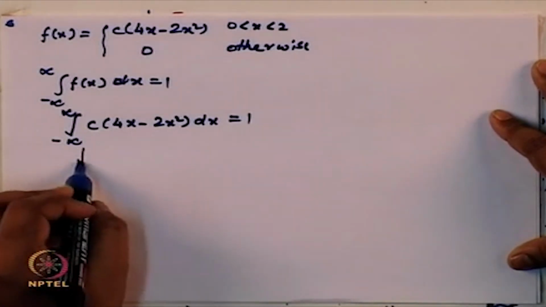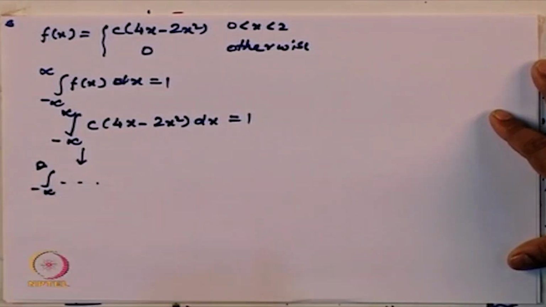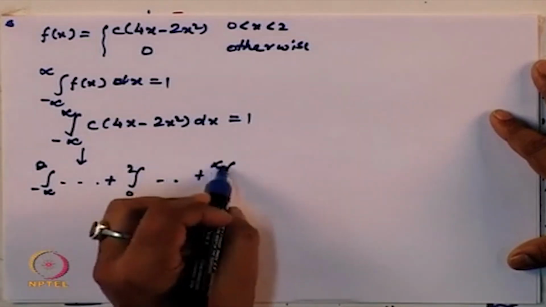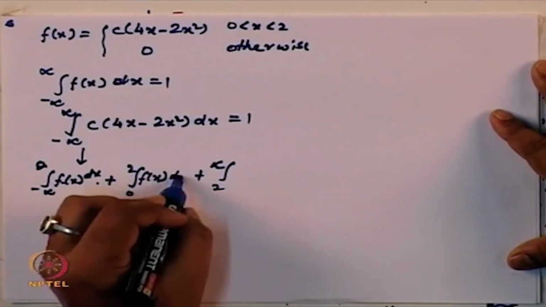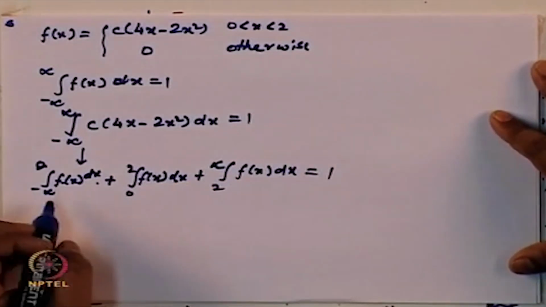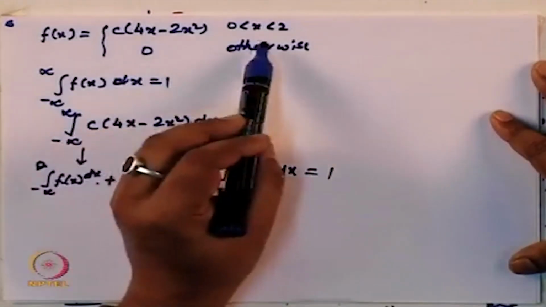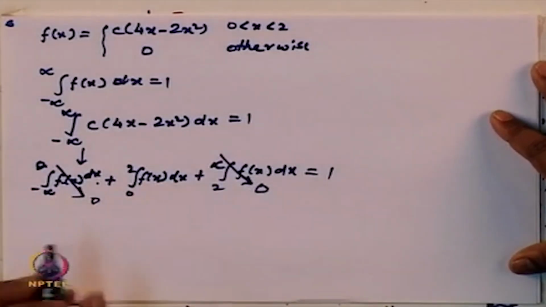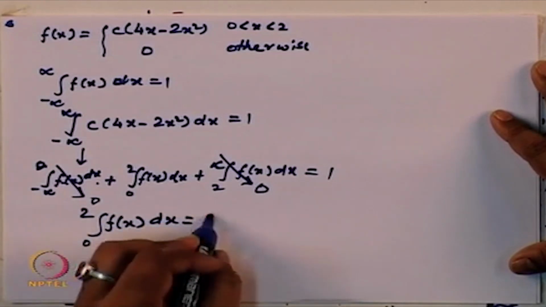I can break this limit into minus infinity to 0, 0 to 2, plus 2 to infinity, of f(x) dx, and this is 1. Now, for minus infinity to 0, we know that f(x) is 0 for every place other than this interval. So, this is 0, this is 0. So, I am left with the condition that the integral from 0 to 2 of f(x) dx is equal to 1.